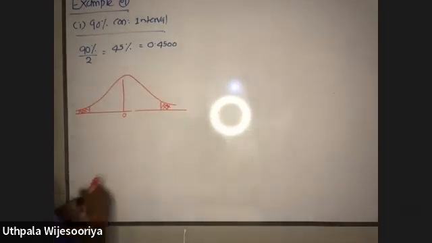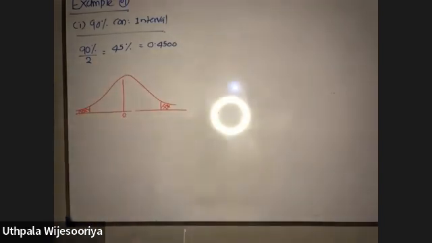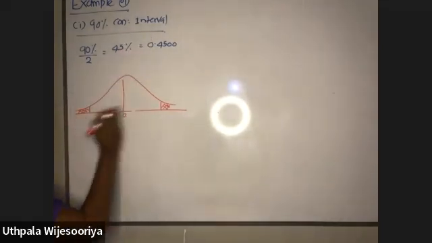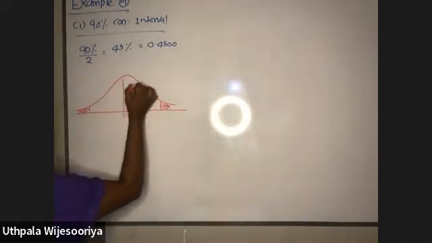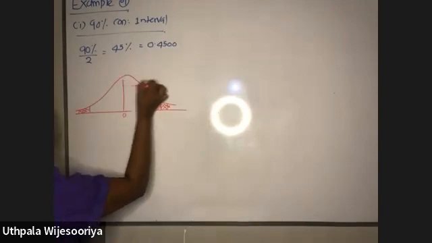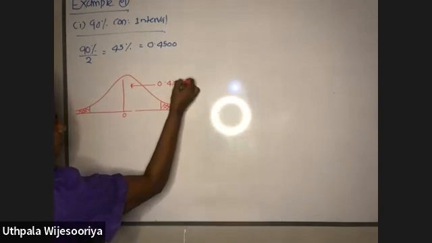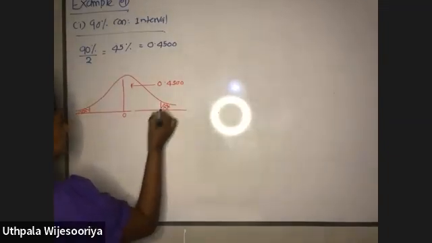So this blank area is 45%, since half of a normal distribution is 50%. So 5% on the right edge and 5% on the left edge, and 90% in the middle, as half with 45%, is 0.4500.